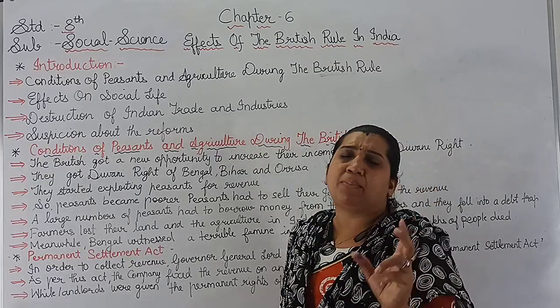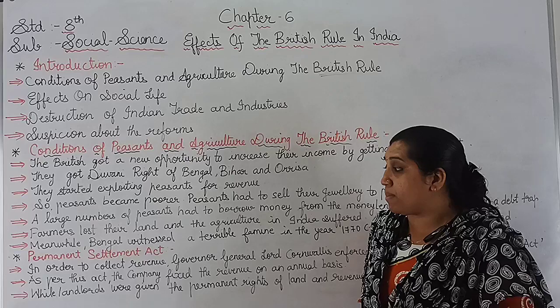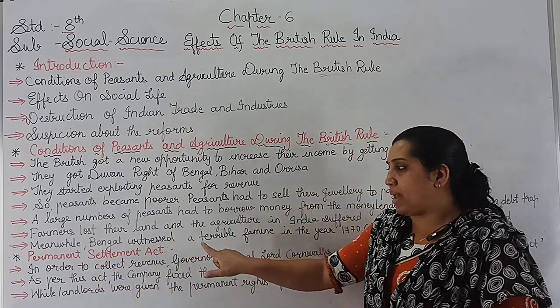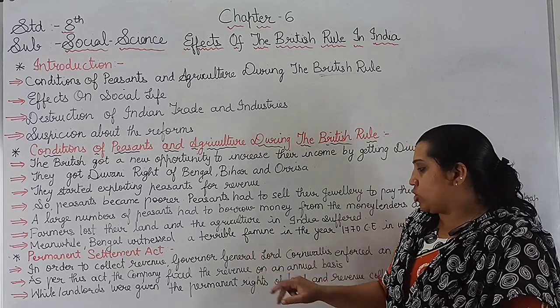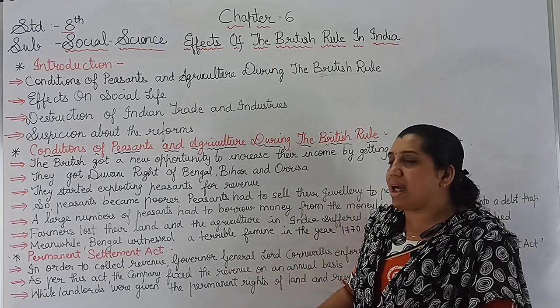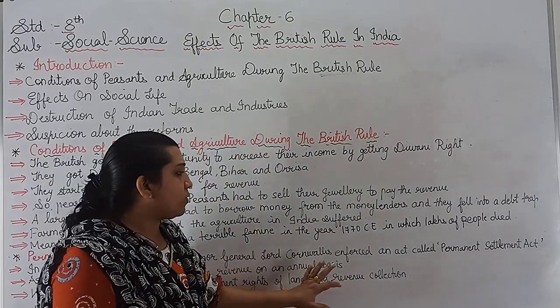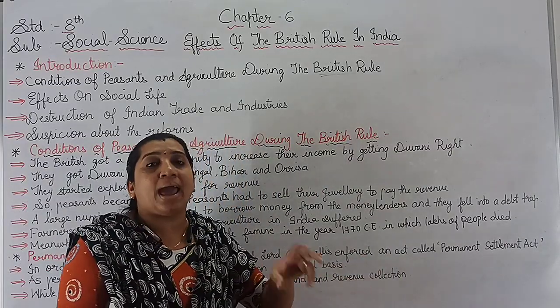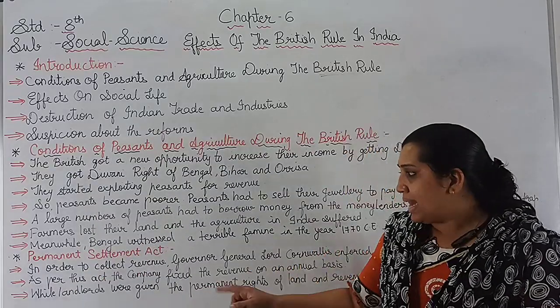Now, to collect that revenue, the Britishers introduced what was named the Permanent Settlement Act. In order to collect revenue, Governor General Lord Cornwallis enforced this act.